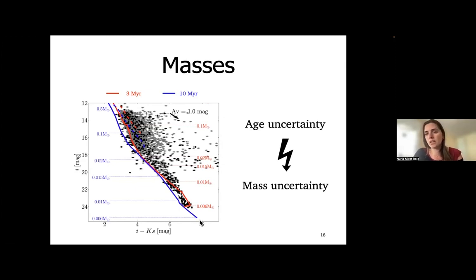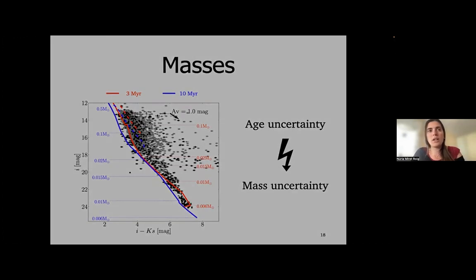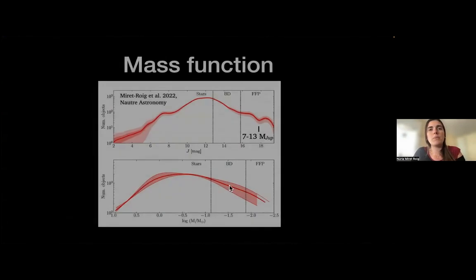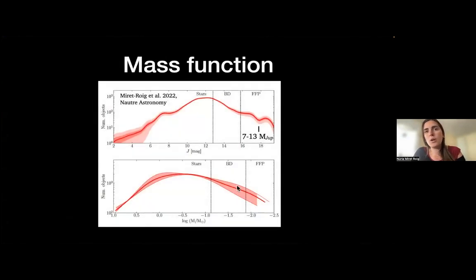And we believe that the result should be somewhere in between. And this is why, when I show the plot of the mass function, the upper and lower envelopes correspond to the cases in which all the objects would be 3 million years old and all the objects would be 10 million years old. Thank you. Answer the question.